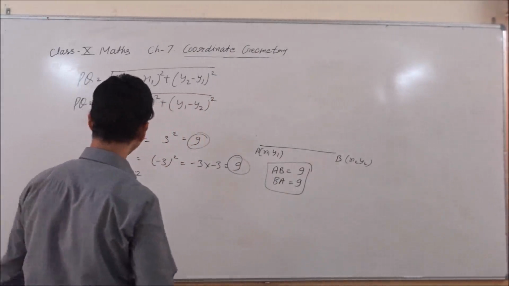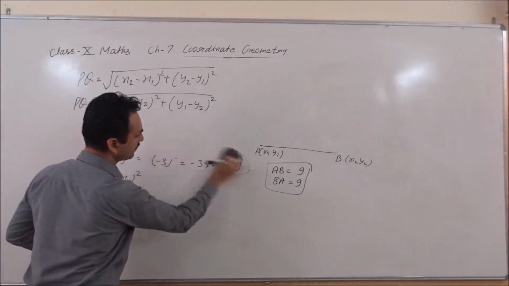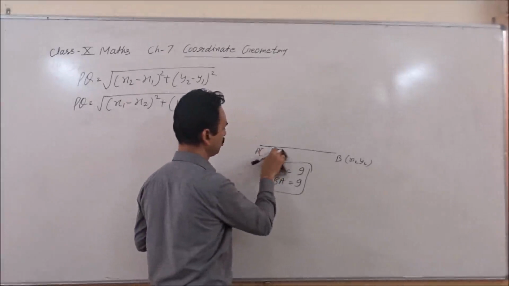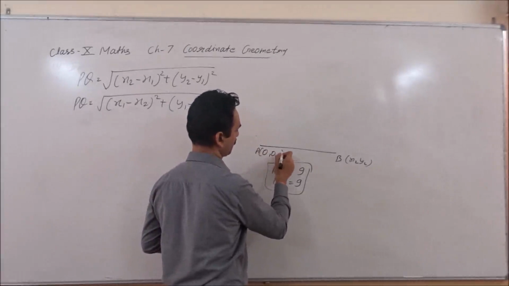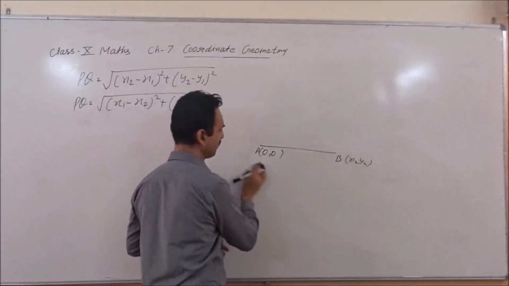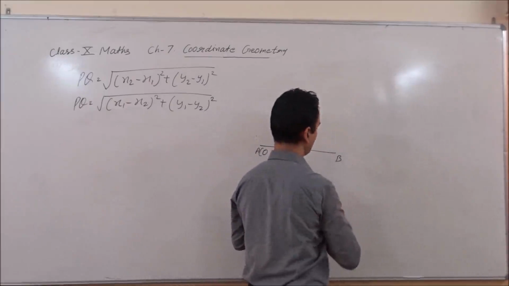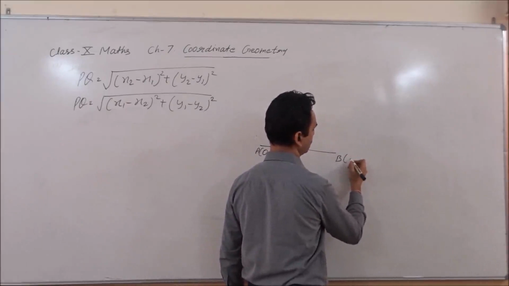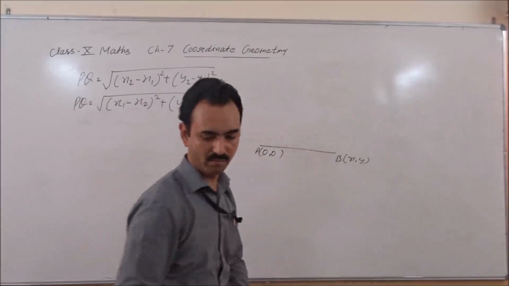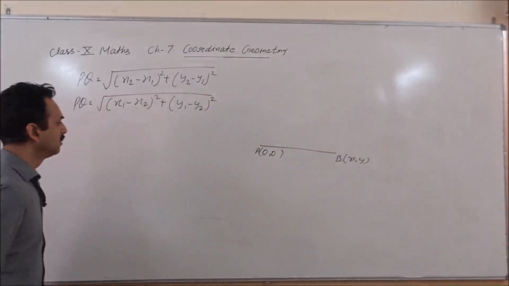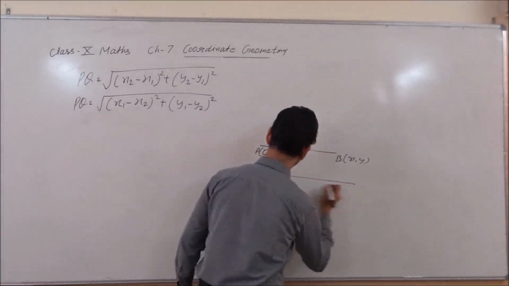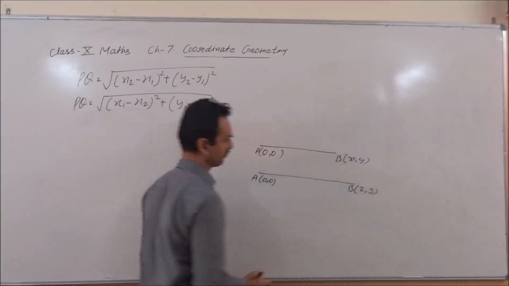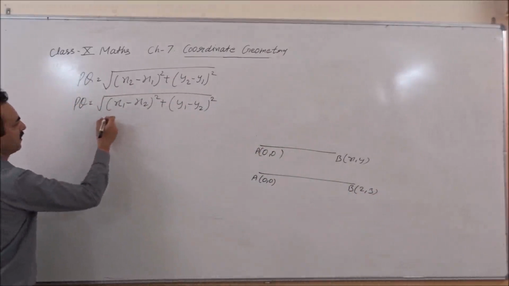Now suppose in this formula one point is 0, 0. What will be the formula for the other point? Suppose this is x, y. Here we can take an example: suppose this is A 0, 0, and this is B 2, 3.